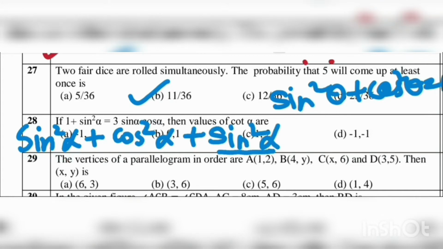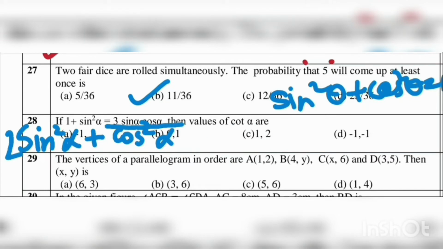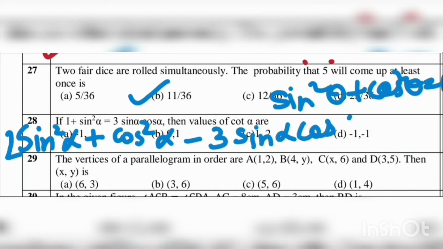So we will be getting 2 sine square alpha plus cos square alpha equals 3 sine alpha cos alpha, which will come on the left side, and it will become minus 3 sine alpha cos alpha equals 0. Now we have to use some logic or some method to solve this. Now this 3 sine alpha cos alpha, how can we rewrite it?